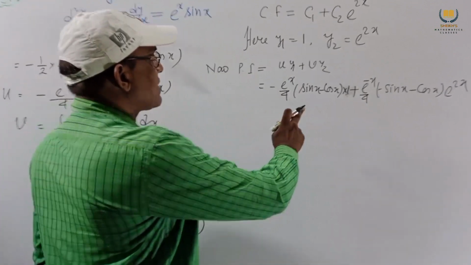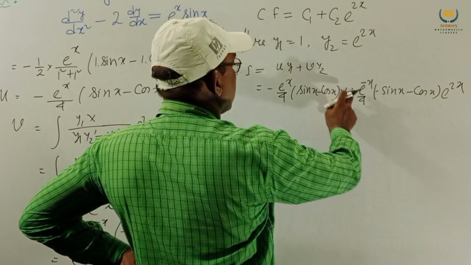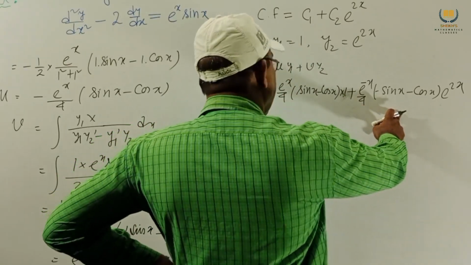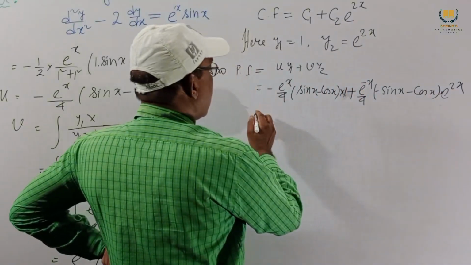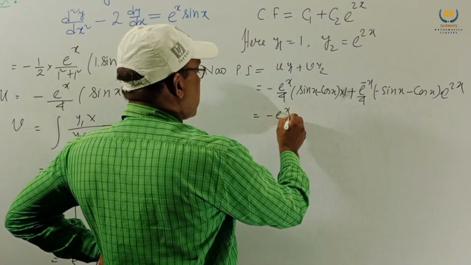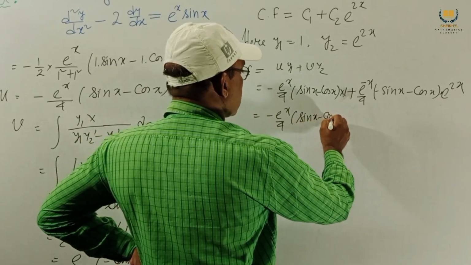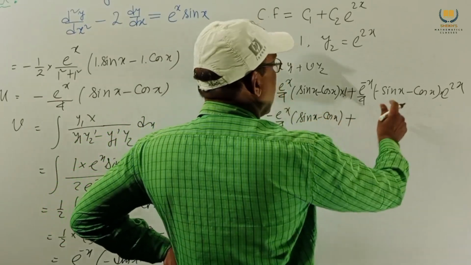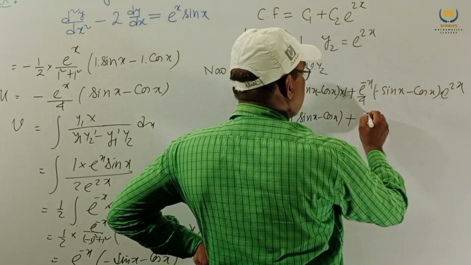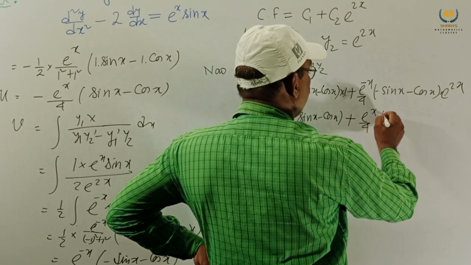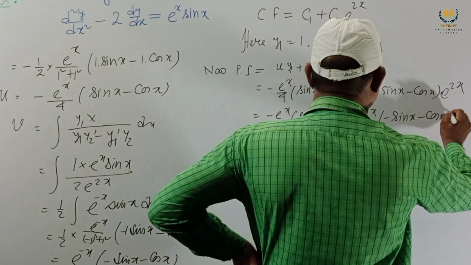Now I am rewriting this: u into y1 is 1, v into y2, this, and minus e to the power x by 4 (sin x minus cos x), multiplied with this, then 2x minus x, e to the power x by 4 (minus sin x minus cos x).